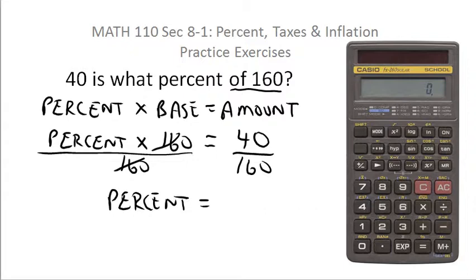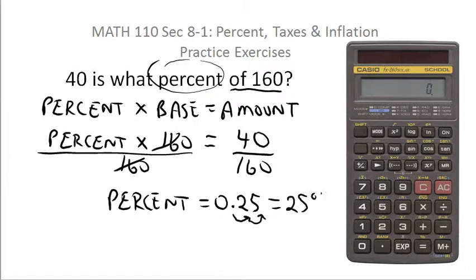And that comes out to be 0.25. And they want the answer as a percent. So to change 0.25 to a percent, you move the decimal point 2 places to the right. That would be 25%. So 40 is 25% of 160.